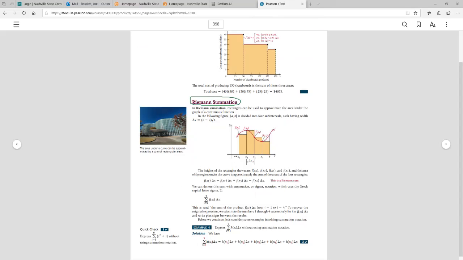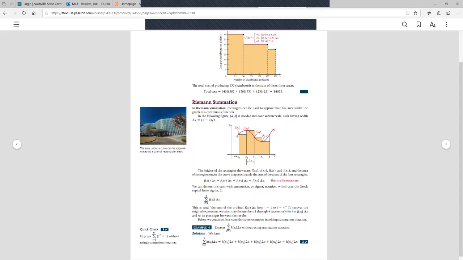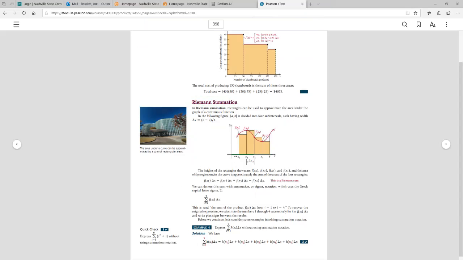If you have a function, such as this one here that we have drawn, and you would like to know the area underneath the function that is above the x-axis, he noticed that you could just divide up the area into various rectangles. So here we have what? 1, 2, 3, 4 rectangles.